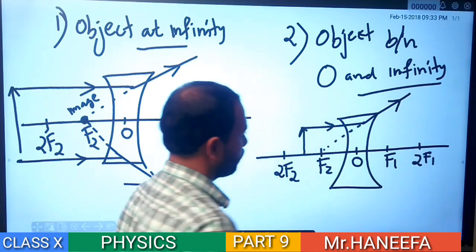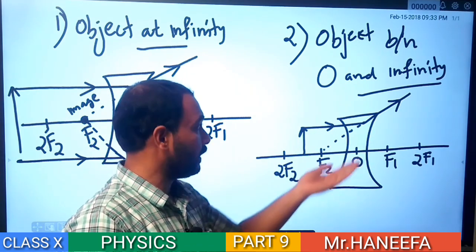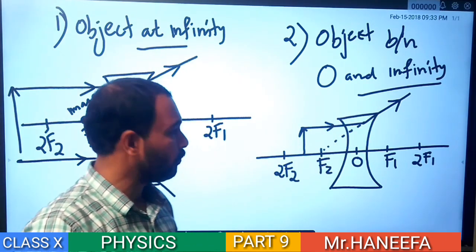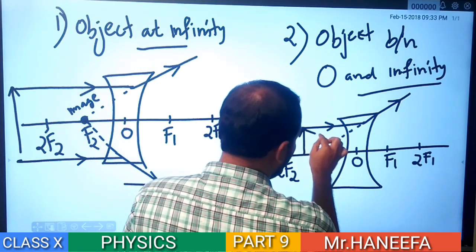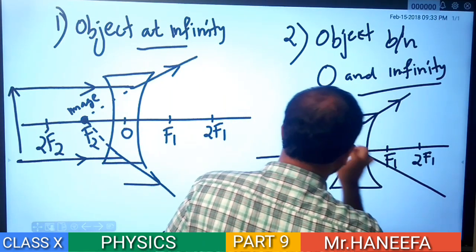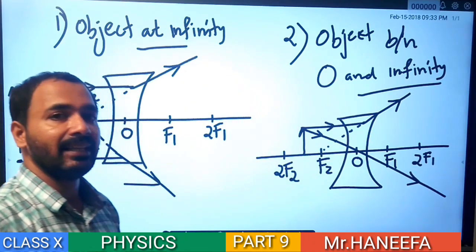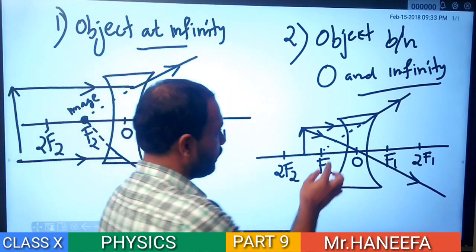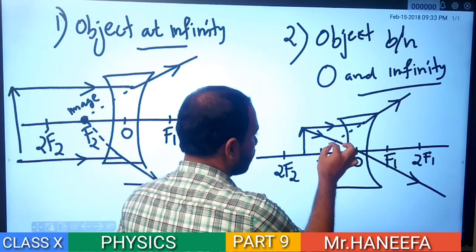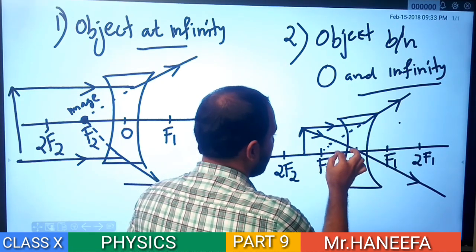That is the first rule. Then the third rule, what is the third rule? A ray which passes through the optical center passes without any deviation. So where is the image formed? Image is formed here.